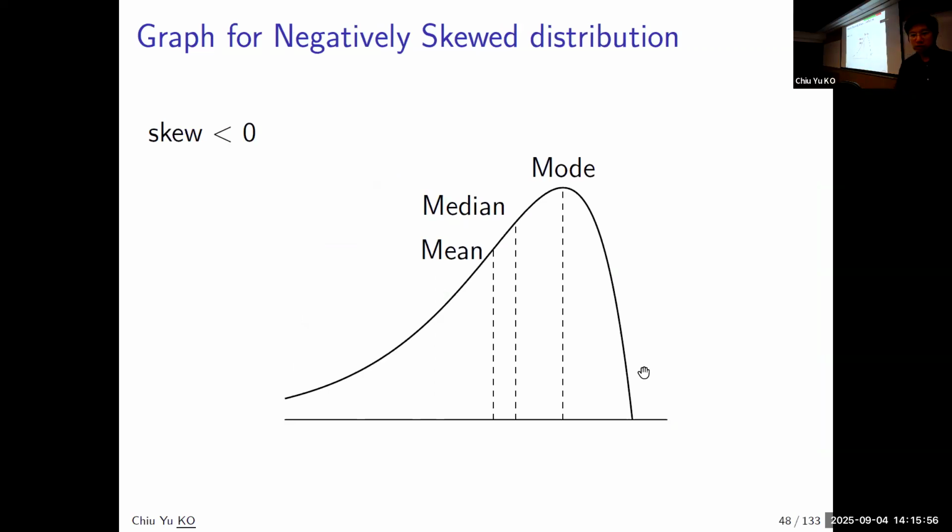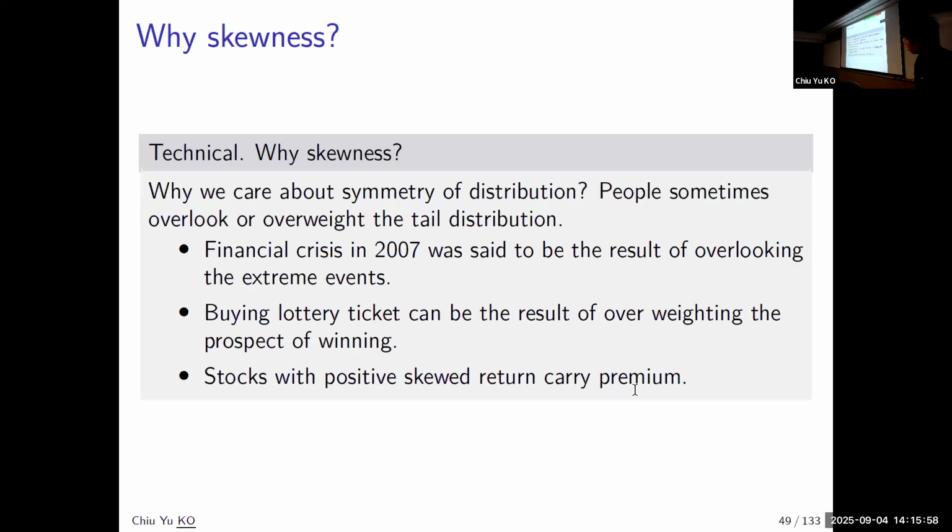Okay, so I'm not going to go further, but rather I want to tell you why we need to care about skewness. Okay, and if you take a finance or investment class, I think next year is the 3000 class, and you look at finance, most of the time it's only classical finance. They only look at two things: mean and variance. Mean is expected return, variance is risk, right?